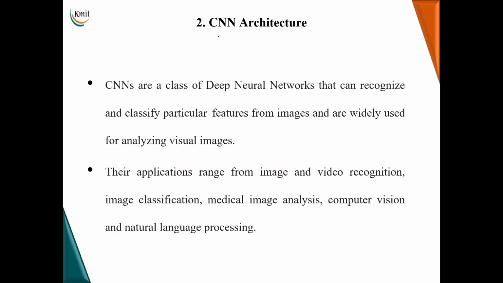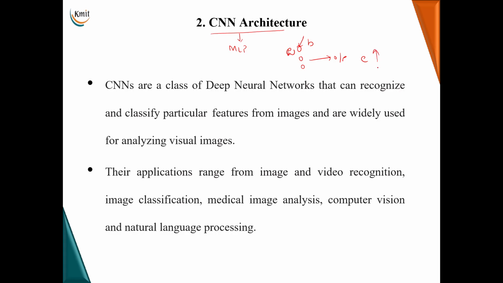Before moving on to the architecture, I'll just give a statement that the architecture of CNN is the same as that of MLP. That is, I have neurons which are stacked one over the other in the hidden layers. Random weights are initialized. These weights and biases are learned. Output is generated. Error is calculated.